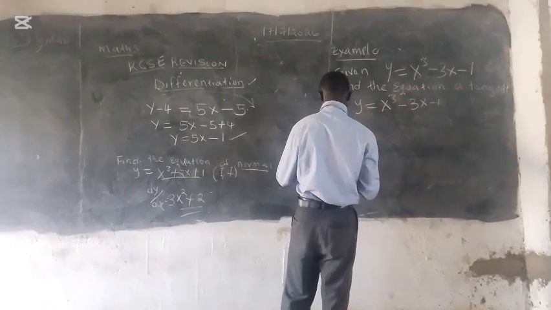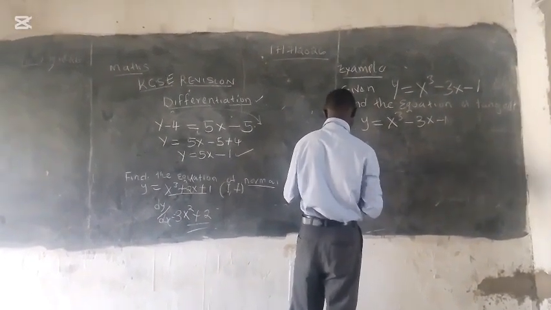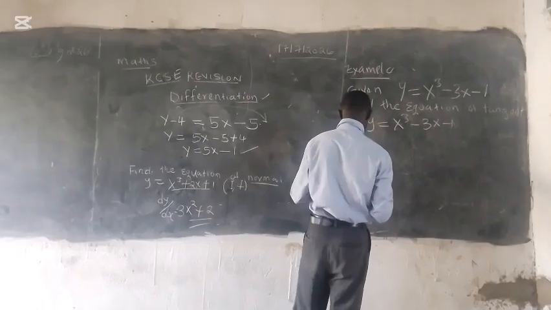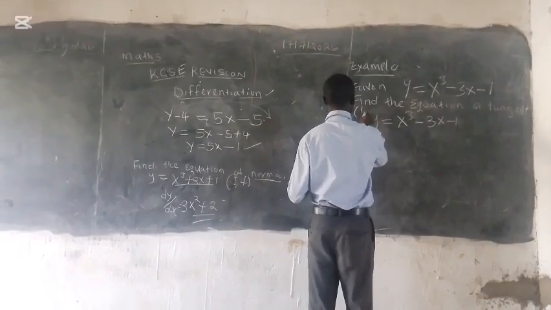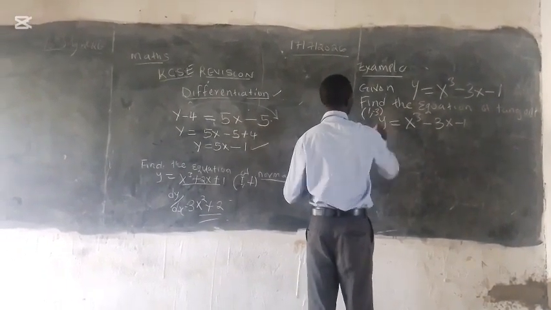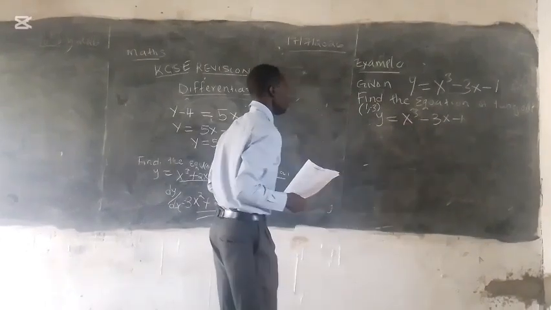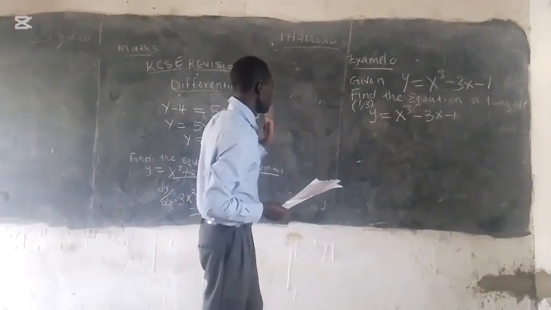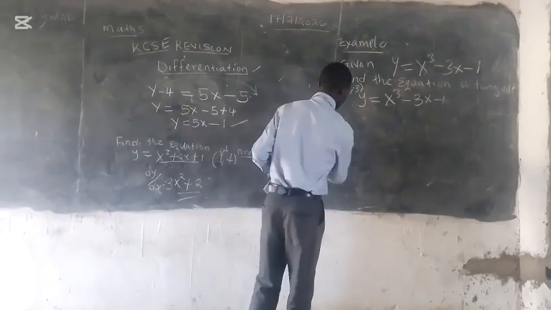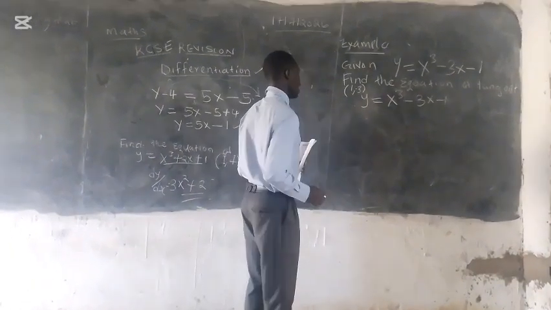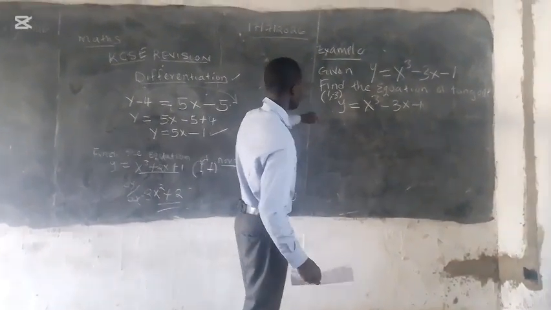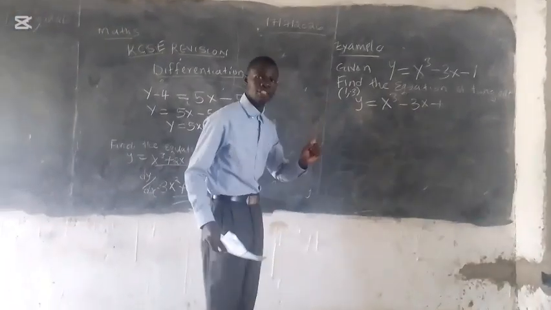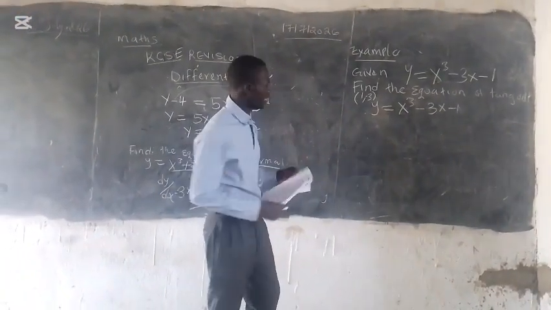Let us complete our question: the tangent at the point 1, negative 3. Dear students, given that equation, the steps repeat themselves the same way. The first step is to get the derivative function or the gradient function.